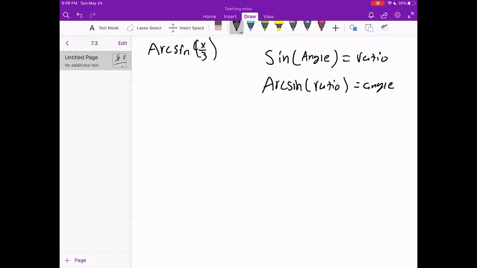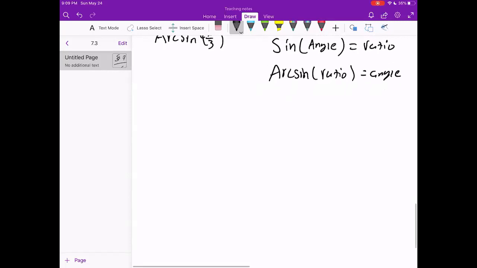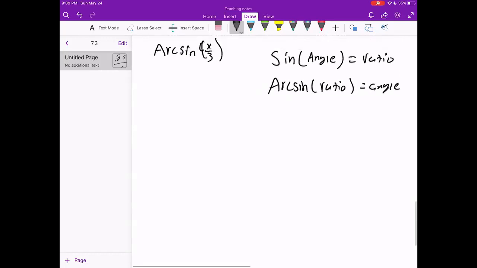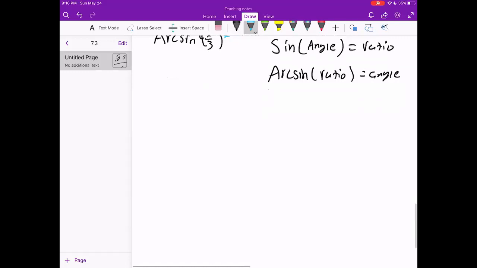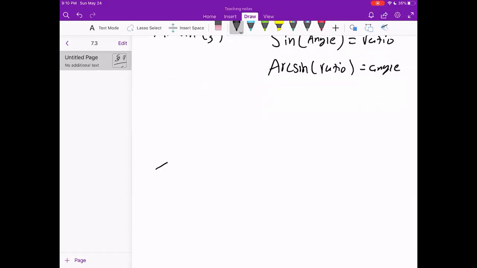Okay, so anyway, arc sine takes in a ratio, spits out an angle. So what you should remember is this arc sine of x over 3, this is just an angle. So if I draw a triangle using the arc sine of x over 3 as my angle, so let's call this angle the arc sine of x over 3, I want to start filling out these sides.